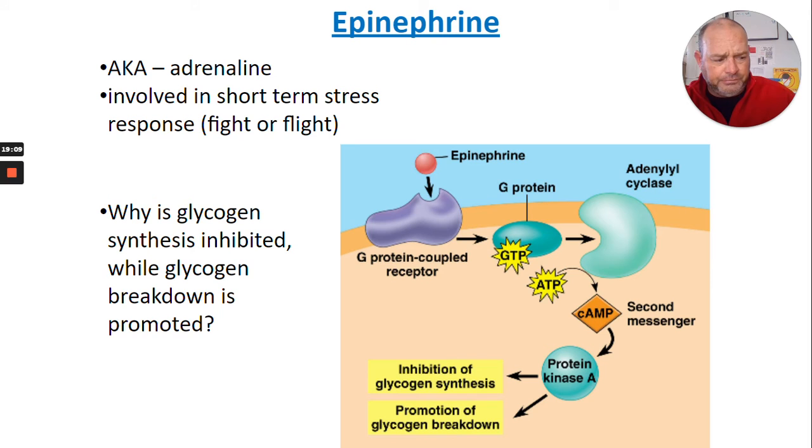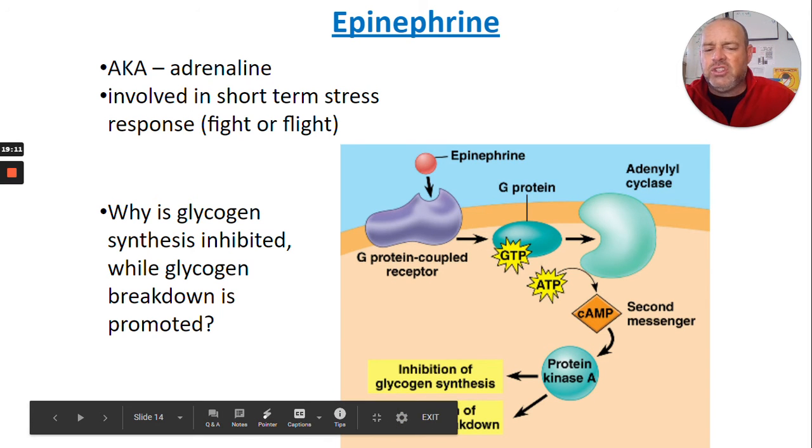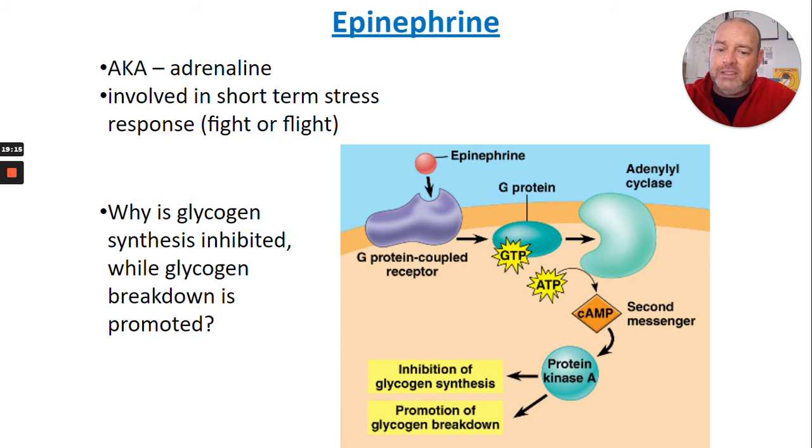And so if you're inhibiting glycogen synthesis and you're promoting glycogen breakdown, well, that's because it's fight or flight time. You don't have time to be building glycogen. You want to use all that glucose right then, and you want to break down all the glycogen that you have and flood the areas with sugars and get the mitochondria going and get that electron transport chain going and make some ATP, because it's fight or flight time, right?